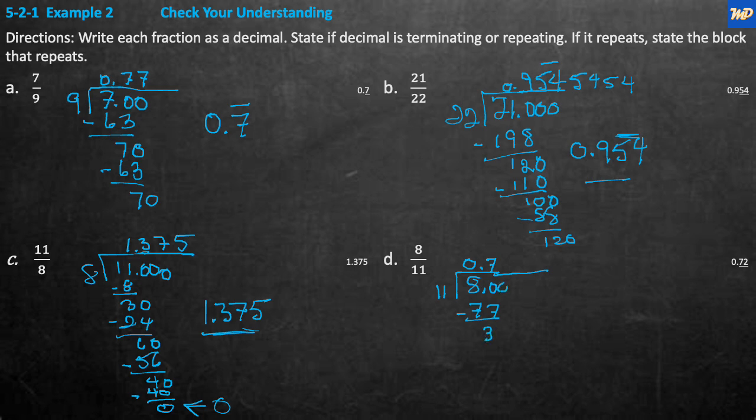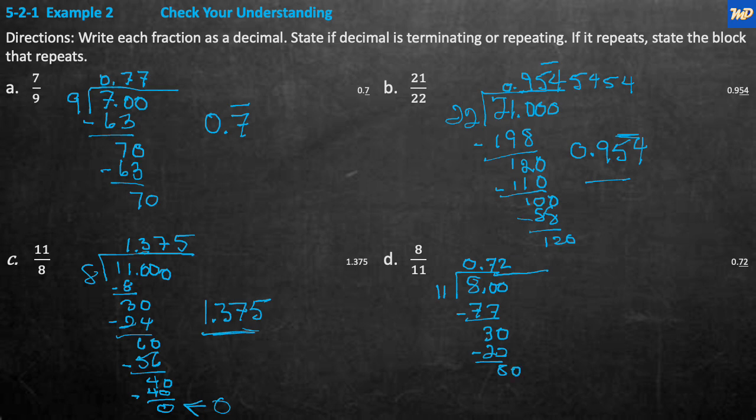Add another 0. Bring down another 0 here. 30 divided by 11 is 2. 2 times 11 is 22. 30 minus 22 is 8. Okay. Bring down the 0. And guess what? We look back up here.